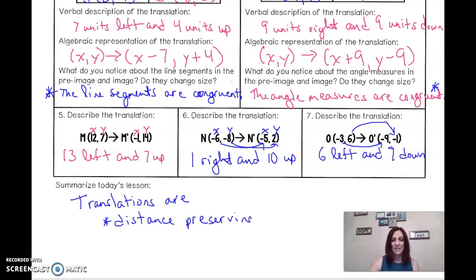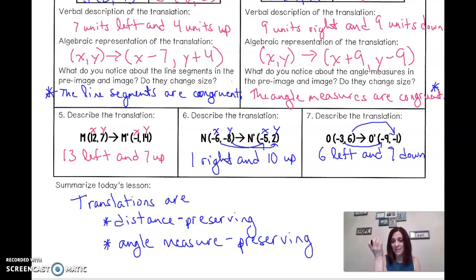So we say distance preserving, right? And I'm going to switch it around here. Maybe I should have done the first one, but that's okay. We'll just say this, angle measure preserving. That's going to be important to know later, right? If it's a translation, standardized test.